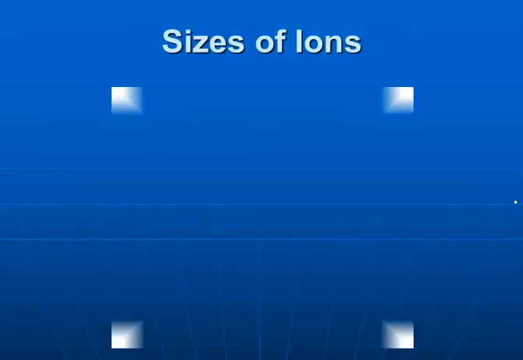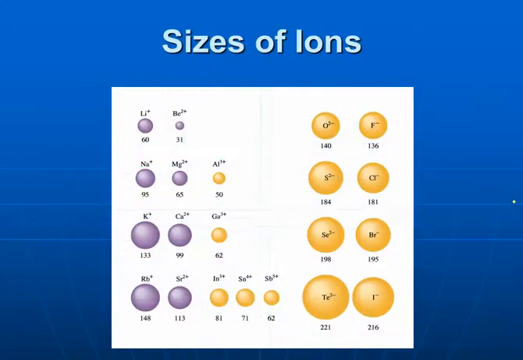Now looking at the trend in size of ions, for atoms, the trend is it gets smaller as you go left to right, and the size gets larger from top to bottom. Similar pattern with ions, but slightly different. When you look at the trend for the ions, you have to divide the ions from the metals to the nonmetals, okay?